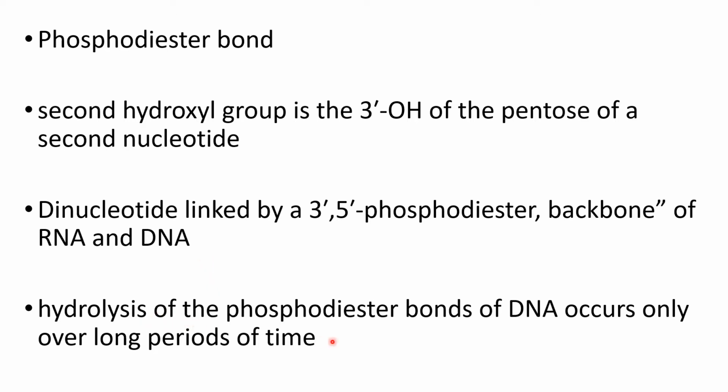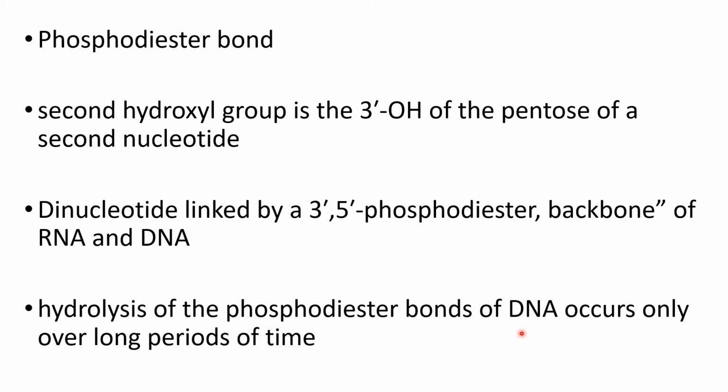Hydrolysis of the phosphodiester bonds of DNA occurs only over a long period of time. It is due to the absence of a nucleophilic species in the DNA, as the oxygen at the 2' position is deficient, and oxygen acts as a nucleophile.